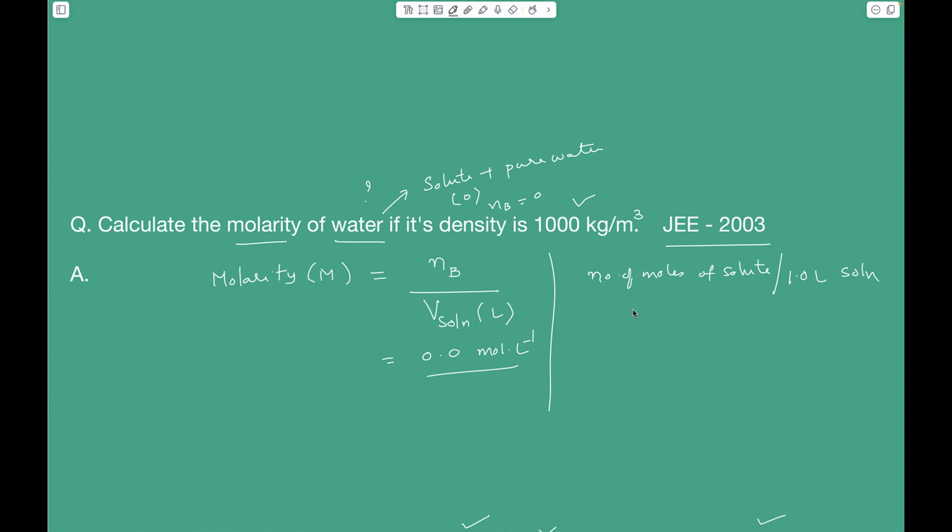Should we simply say it is the ratio between number of moles and volume in liters, and not care for the fact that it is actually the number of moles of solute, and that what we have in the denominator here is the volume of the solution?